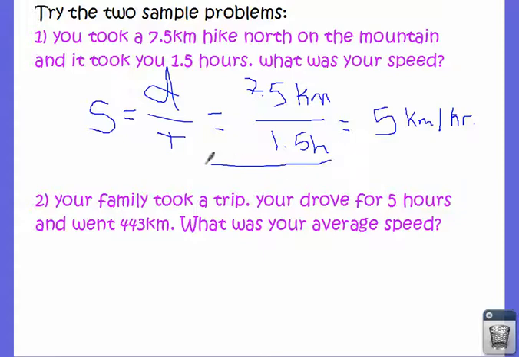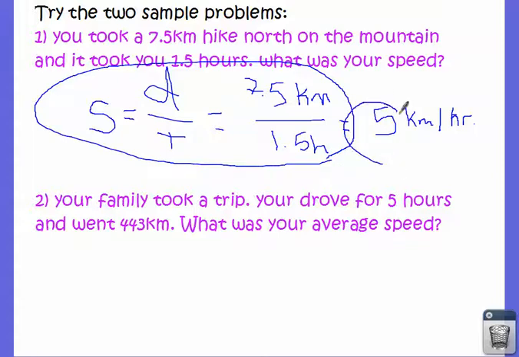A point for your setup, which is essentially this, a point for your numerical answer, and a point for your unit for the problem or for the question. So you need to have all 3 of those things provided whenever you do a calculation on a test or quiz or lab. You need to have the setup, the numerical portion of your answer, and the unit for your answer.